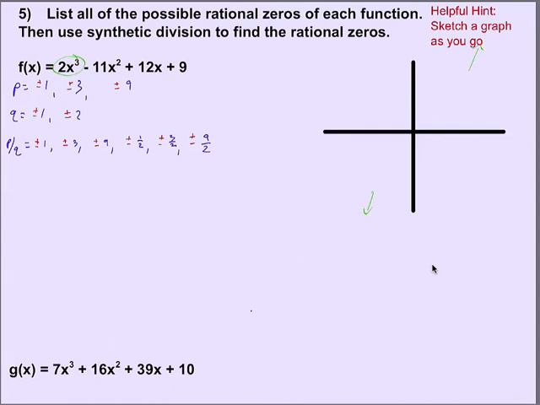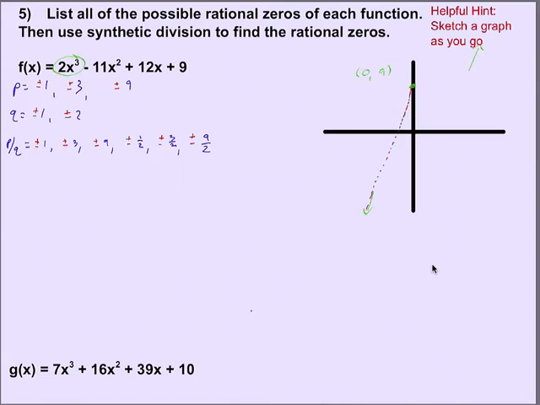We also know that because the 9 is the constant at the end, there is a y-intercept at 0, 9. There has to be. And so the dots that we're going to connect are literally dots that we're going to connect. The function has to go from that y-intercept to the end behavior in some way.